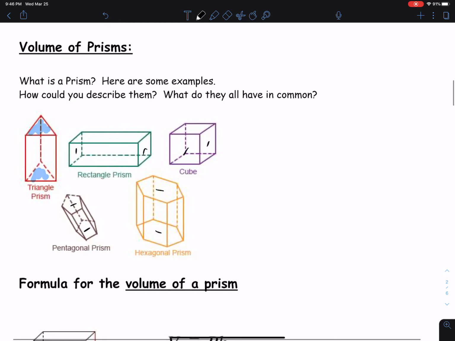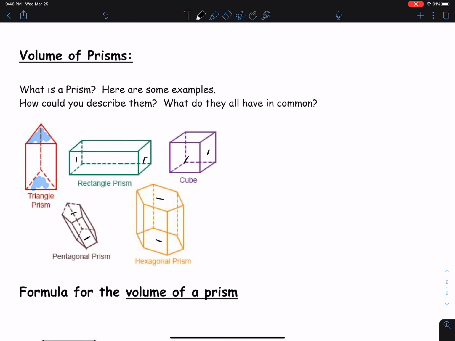The way that you find the volume of a prism, if you think about it, all of these, I'm going to erase all of these marks. So we have the base on all of these, so we have a base here, we have a base here, let's say that one's the base, then we have this base and this base. So if we find the area of the base, and then multiply it by something, we could get the volume.